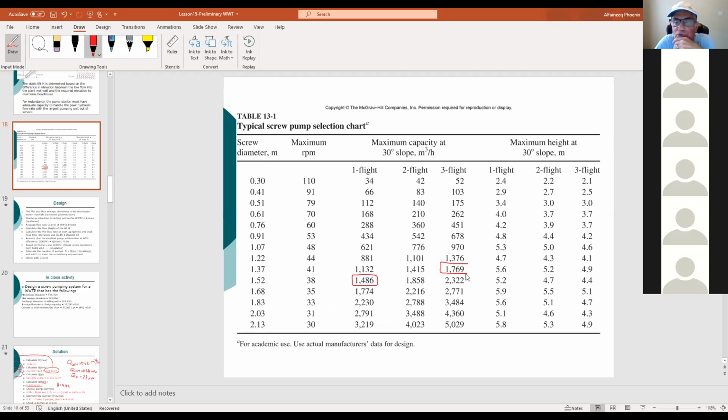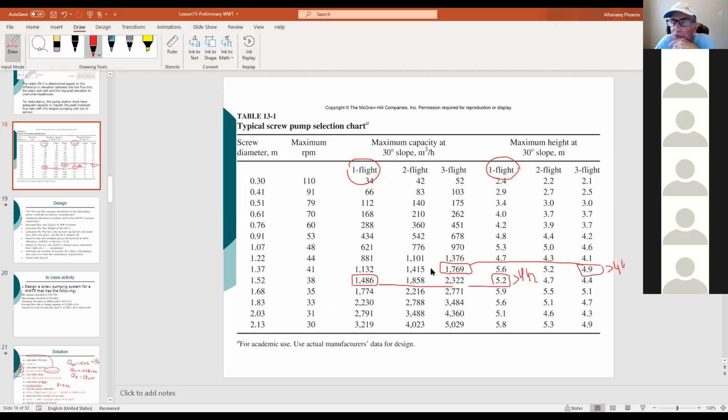However, you check also with H. So if you use this one, it's one flight. Be careful. This is the head. Is that more than 442? Yeah. Okay. Similarly, this one also, 4.9, which was also more than 442.